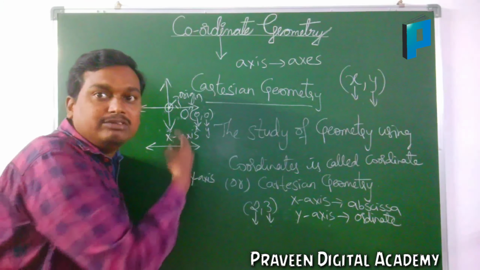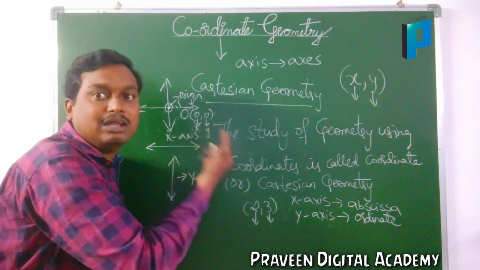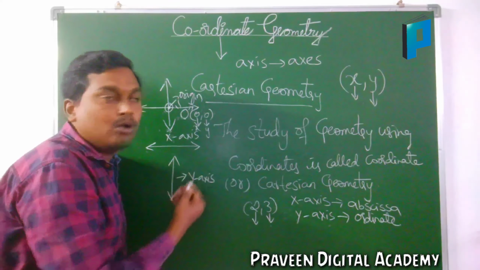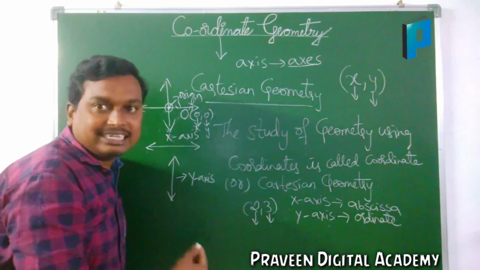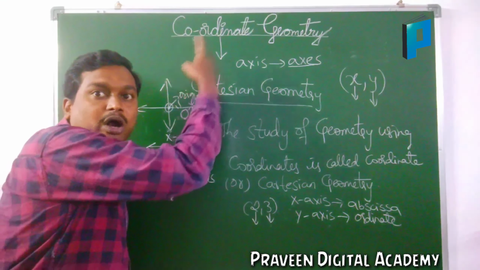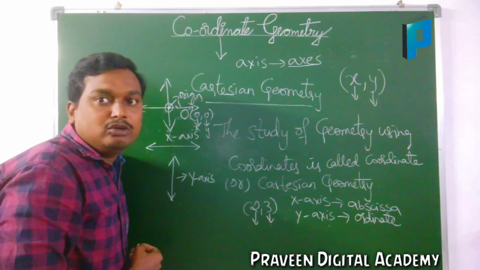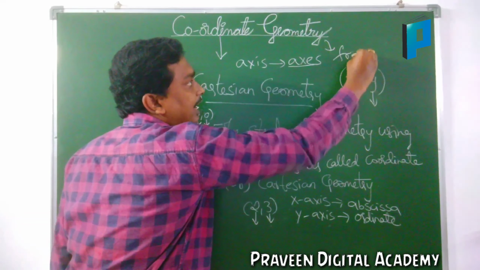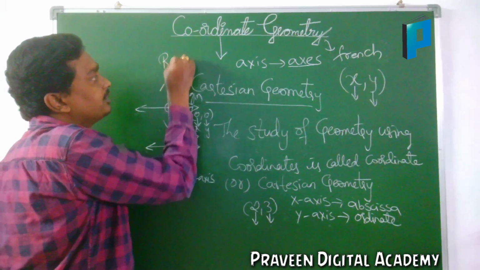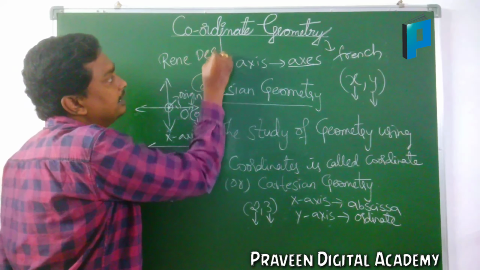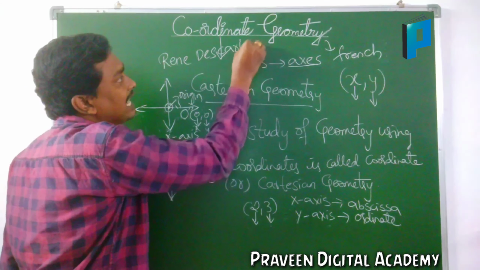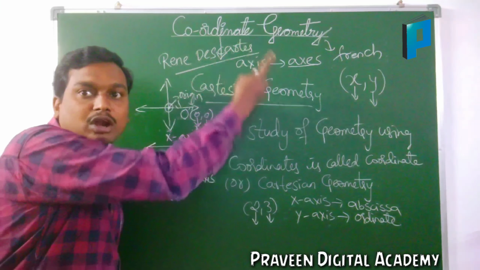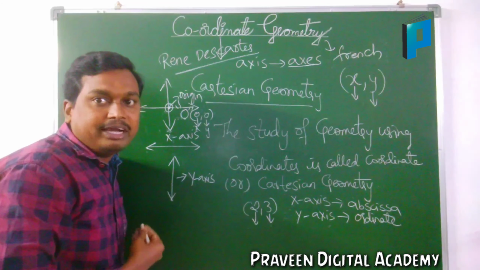We can say x-axis individually or y-axis individually, but if we are saying x and y both, we should say axes. Coordinate geometry was introduced by the French mathematician René Descartes, who is called the father of coordinate geometry.